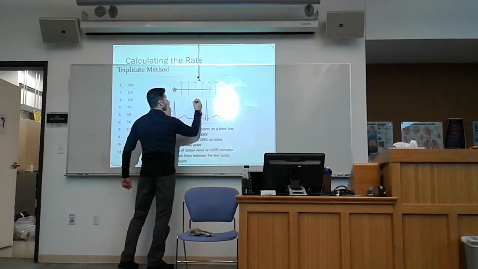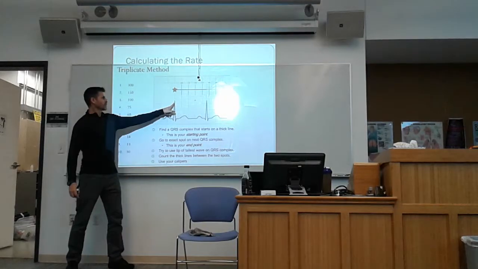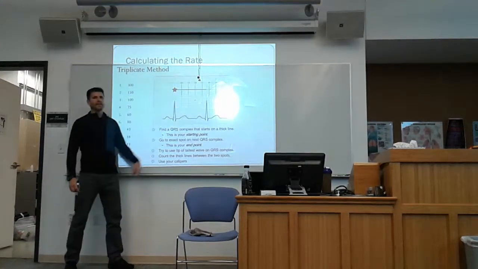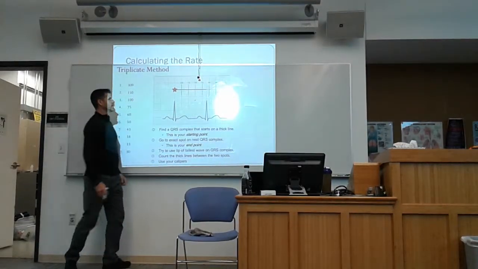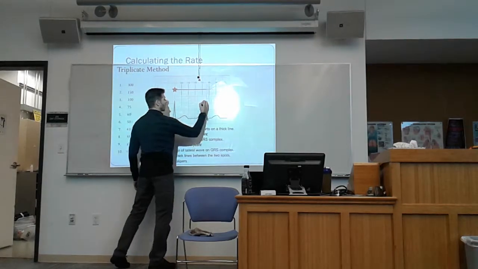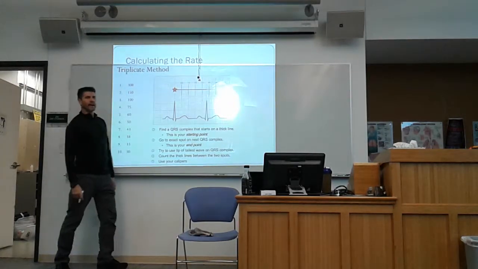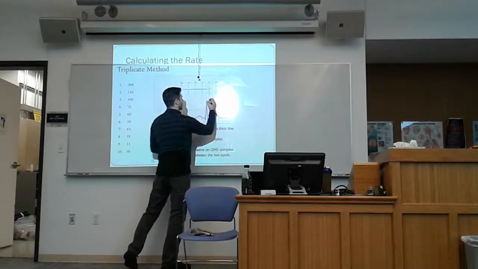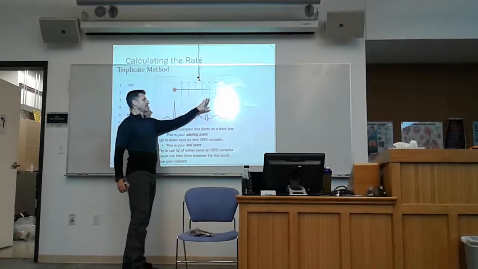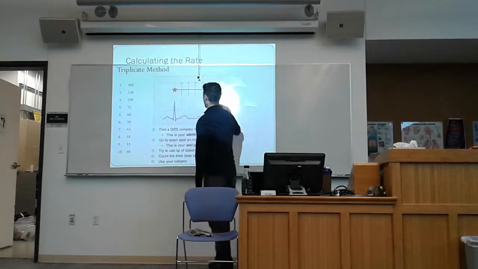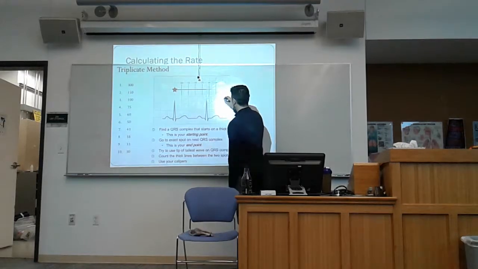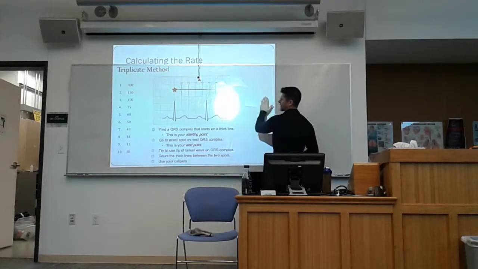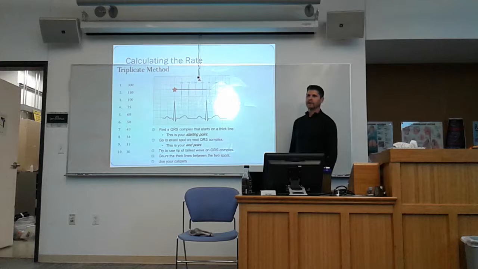If it's on the third big line, then it would be 100. If it's on the fourth, then I'd be traveling at 75. You see how it works? If it were on this one, then it would be 60. If it's over here, 50, 43, 38, 33, 30, on the way down.